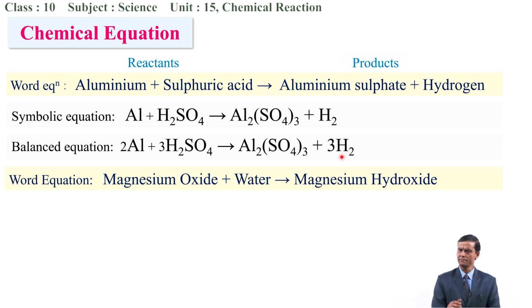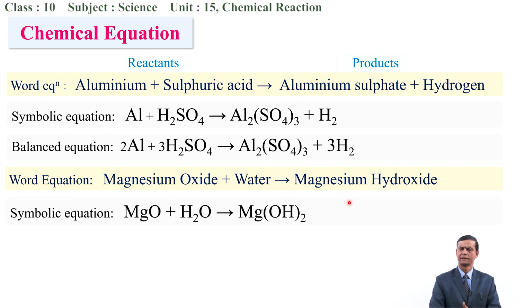Magnesium oxide, when magnesium bonds with oxygen, it gives magnesium oxide, we have just discussed. But if we react magnesium oxide again with water, then what happens? Yes, it gives another product, magnesium hydroxide. Now, how to write in the balanced chemical equation? Like this.